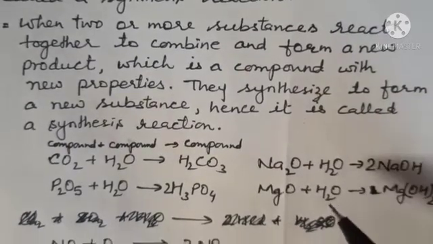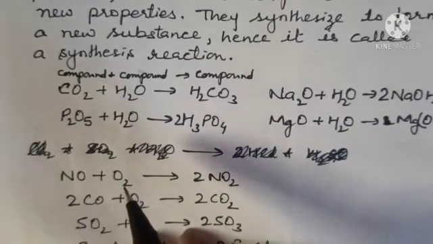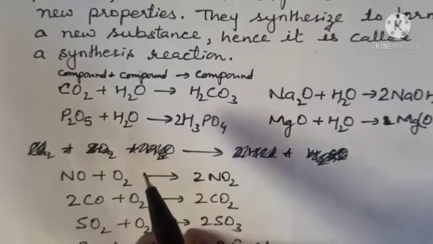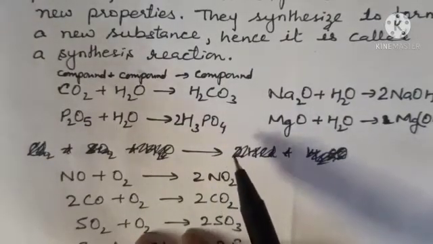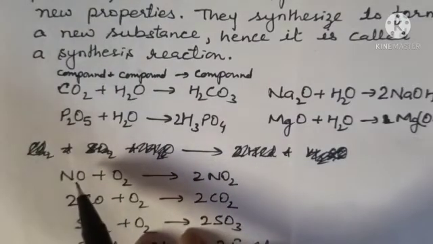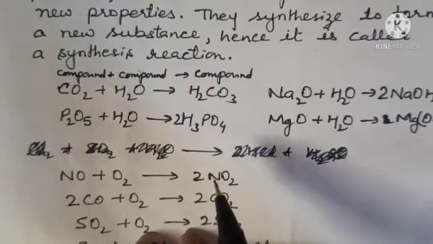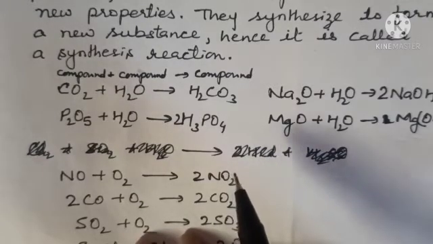But there are some reactions in which one is a compound and the other is an element. They combine together to form a new compound. For example, nitric oxide is a compound. When it reacts with oxygen, it gives nitrogen dioxide, which is another new compound.